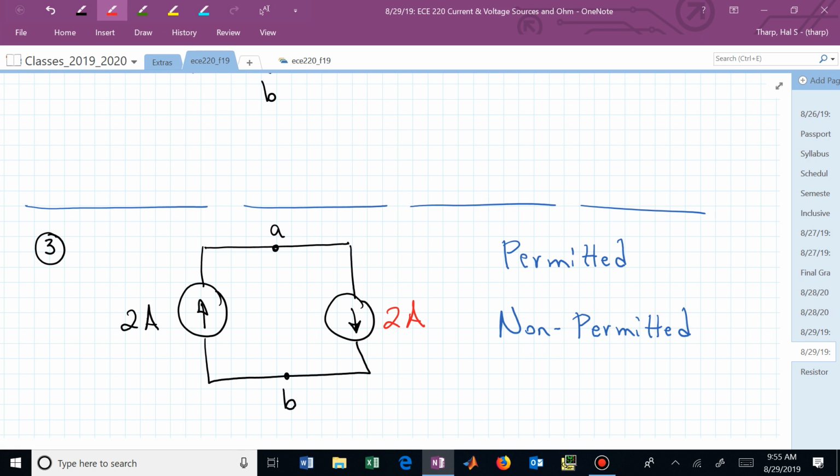Here, at node A, you have 2 amps coming in from the left, and how many amps going out to the right? 2, so it's consistent. This is okay and permitted. This looks just the opposite of going upstairs and downstairs. Now the arrows are going in the same direction around the loop, and that's okay. That's what we want with current sources when they have the same values.